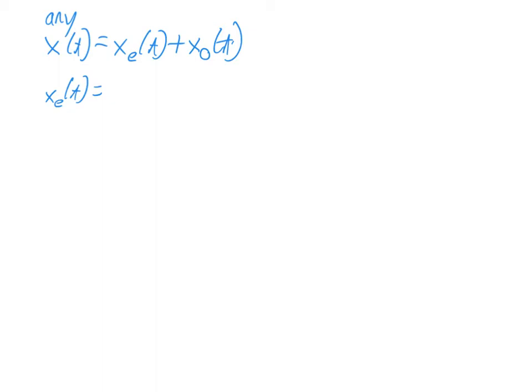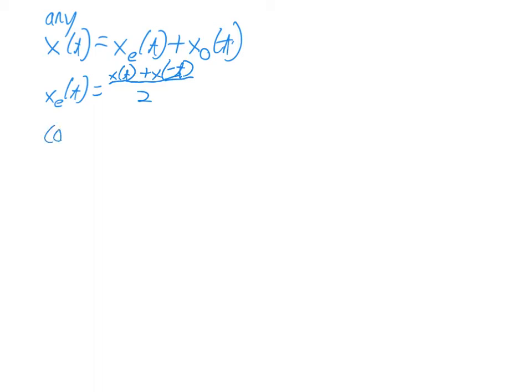So here's what we do. We're going to have a fraction, and we take x of t and we add it to the time reversed version of x of t. So that is going to make an even signal.